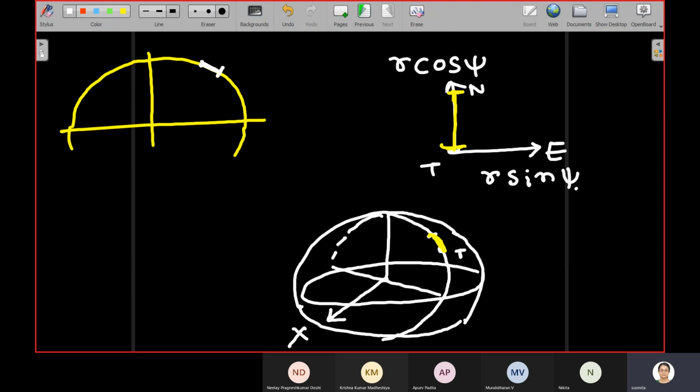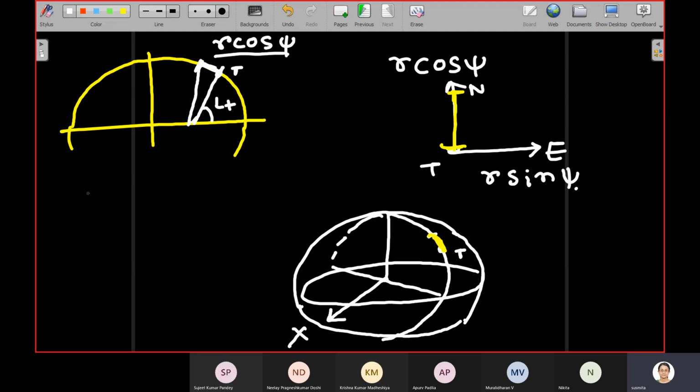So this white line actually is R cos psi. Let's say this is where the transmitter is. Its latitude is LT. This distance is much smaller than the earth's radius. R is much smaller, R cos psi is even smaller.